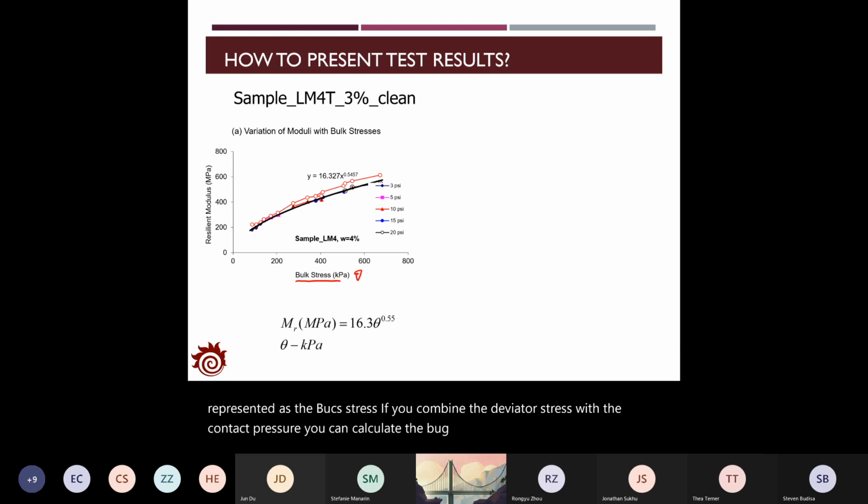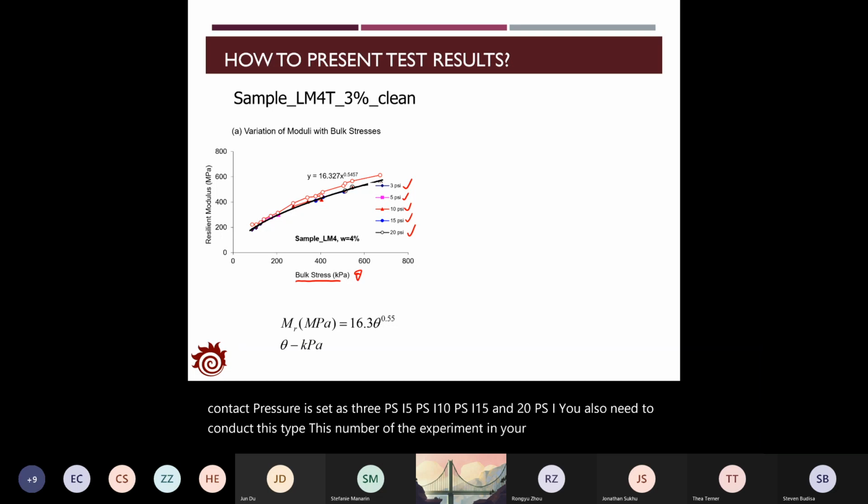That is theta. And in every experiment, we need to check different contact pressures. The contact pressure is set as 3 psi, 5 psi, 10 psi, 15, and 20 psi. You also need to conduct this number of experiments in your test.